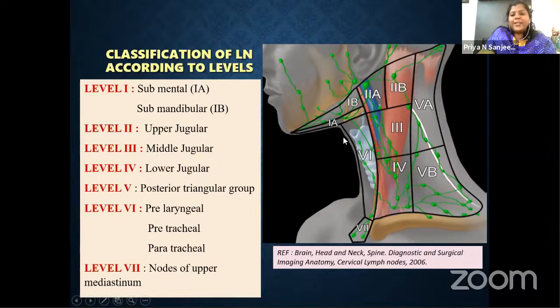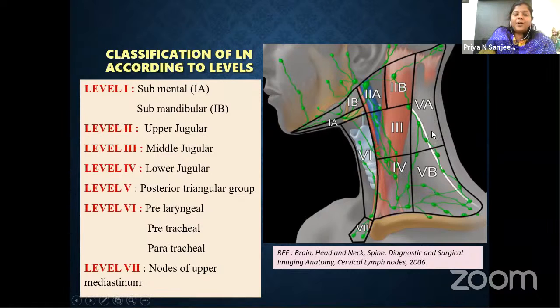So we usually deal with level 1 to 3 group of lymph nodes, as the drainage of tumors of the oral cavity are into these 3 groups of lymph nodes. Level 4 group of lymph nodes are involved when there is squamous cell carcinoma of hypopharynx and the thyroid, mainly cervical esophagus and the larynx.